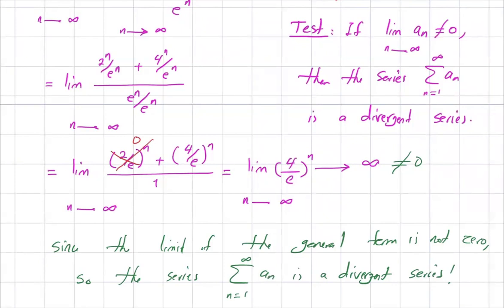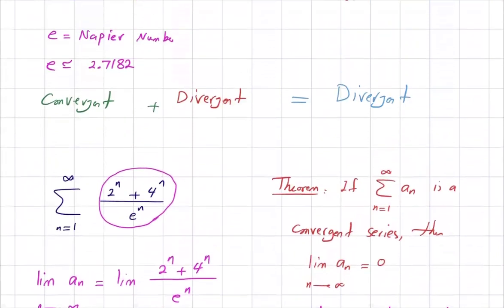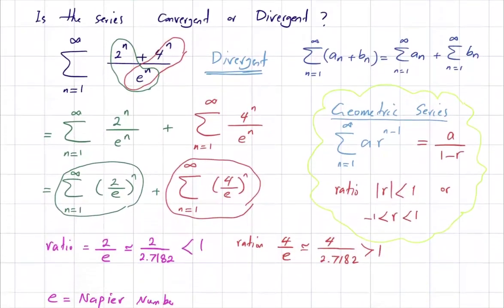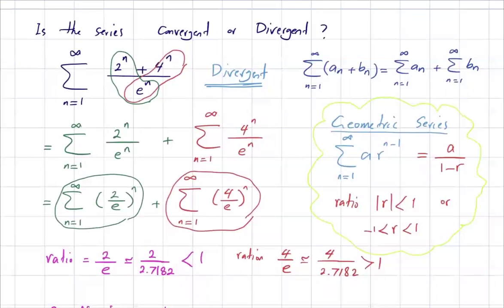So I showed you 2 different methods of approaching this problem. Here you have the summation of 2 to the n plus 4 to the n divided by e to the n. What you can do, you can separate this into the summation of 2 series. The very first one is 2 to the n divided by e to the n.